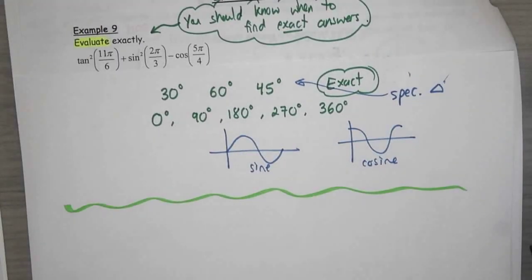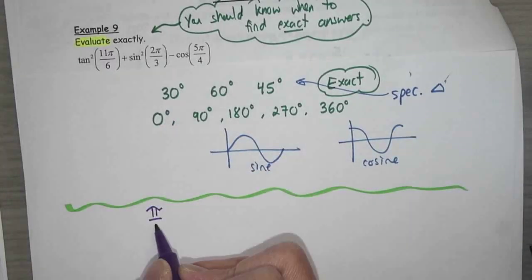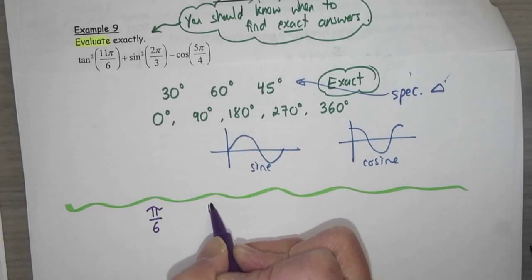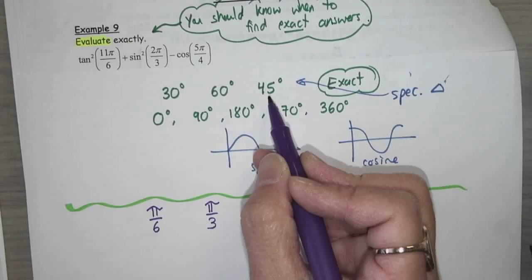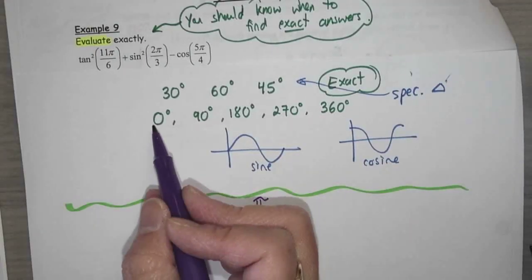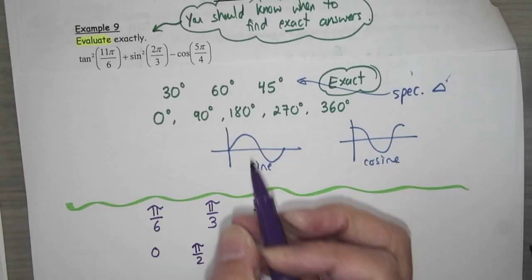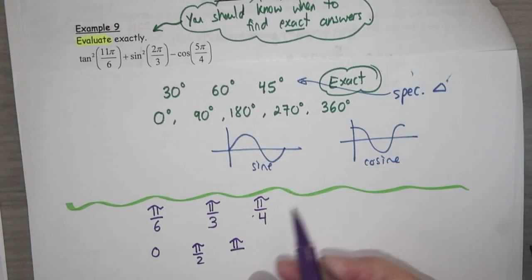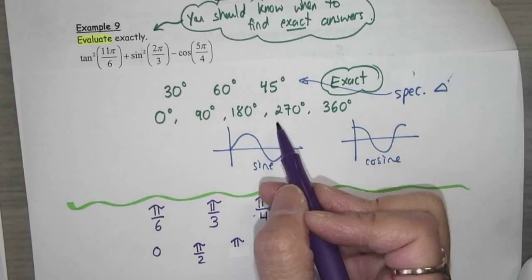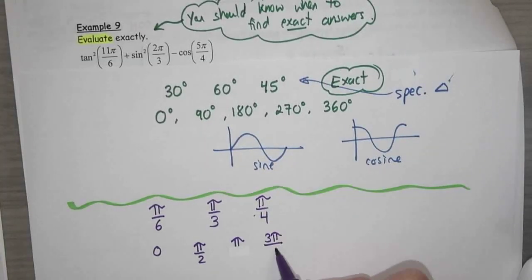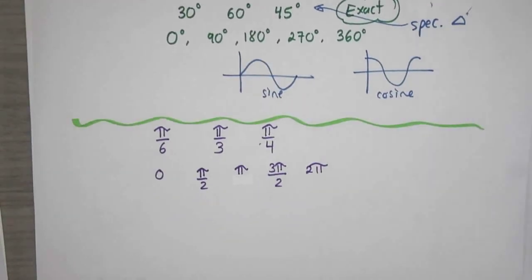For radians, we know it's going to be any combination of pi over 6, pi over 3, pi over 4. 0 is still 0. It'll be pi over 2, pi, which would be 180, 270, 3 pi over 2, 2 pi. Any of those should all be exact.